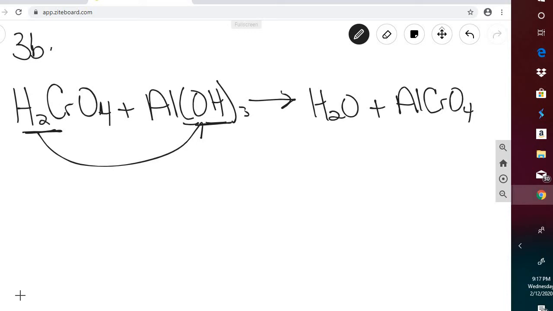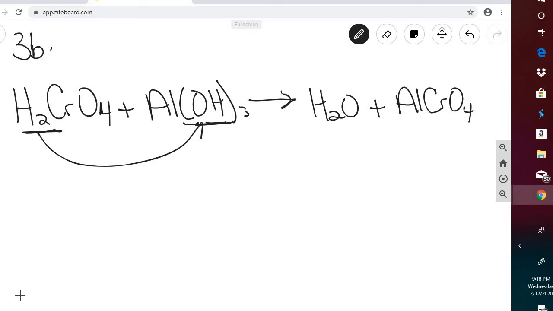CrO4 is chromate. Unfortunately, I don't think the chromate is on your list of polyatomic ions. So I guess I need to tell you that it has a charge of 2.